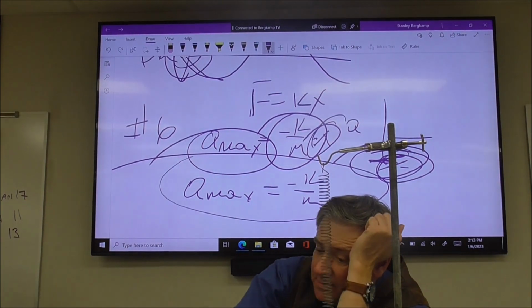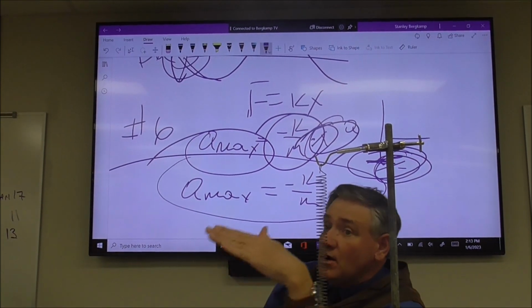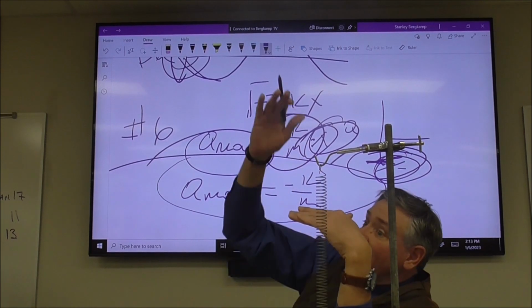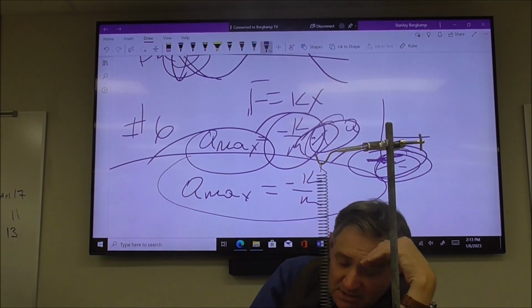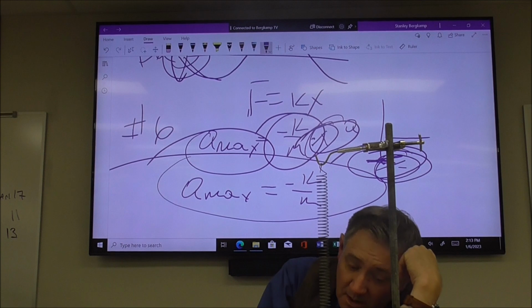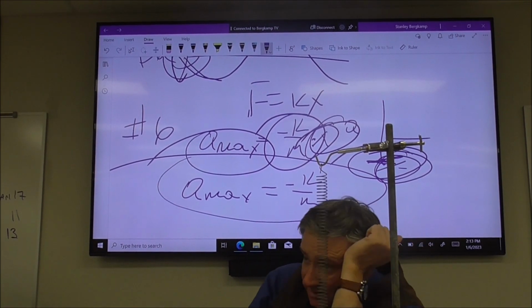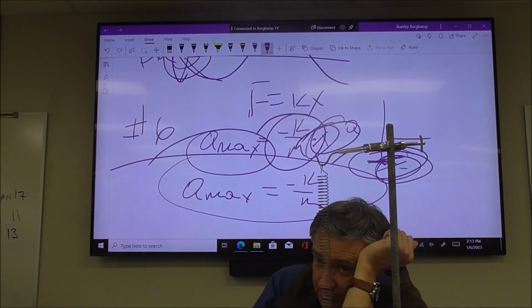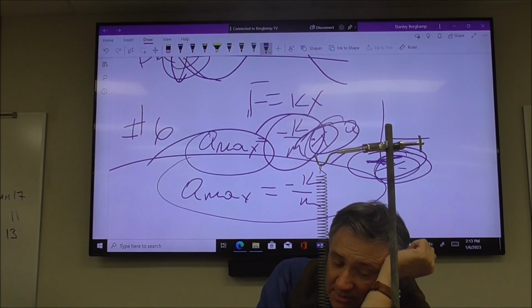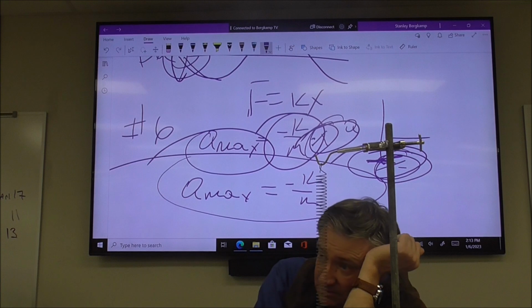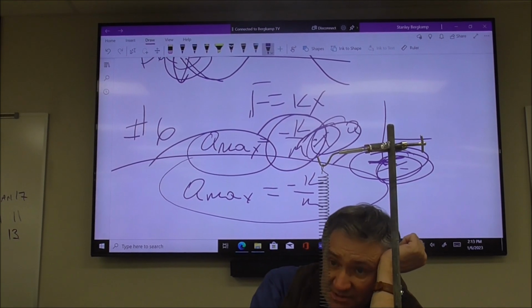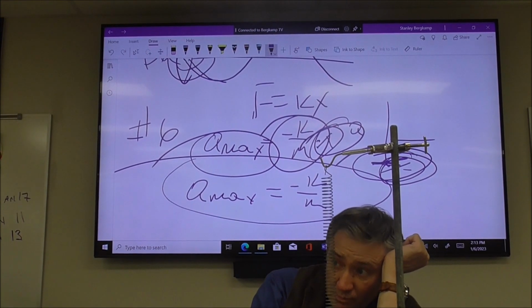So we could come in here and instead of x, put amplitude. What you want to do on number 6, and this is going to vary greatly depending upon your k value, is use your k value, the one off your slope, the one off the graph.